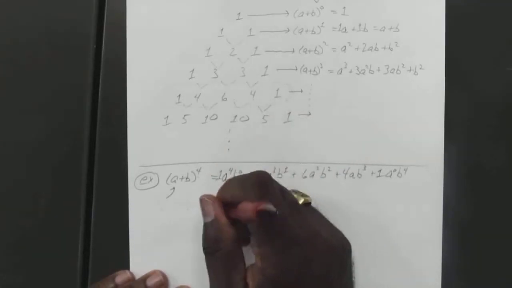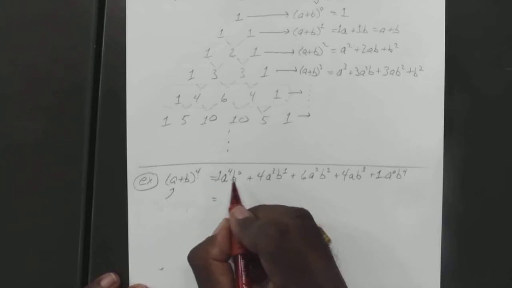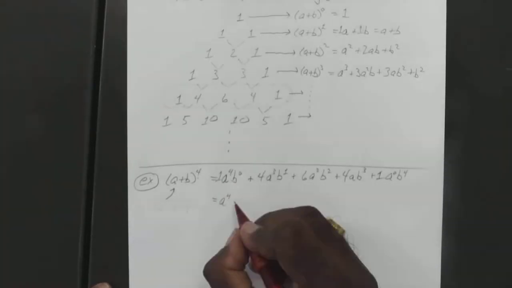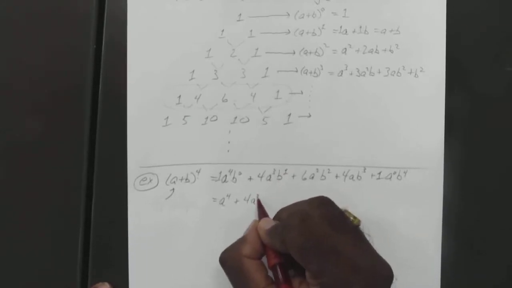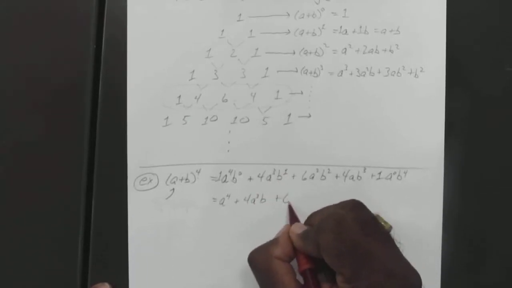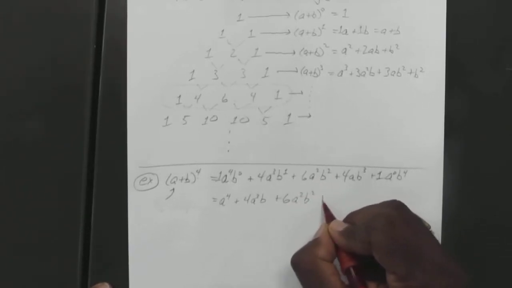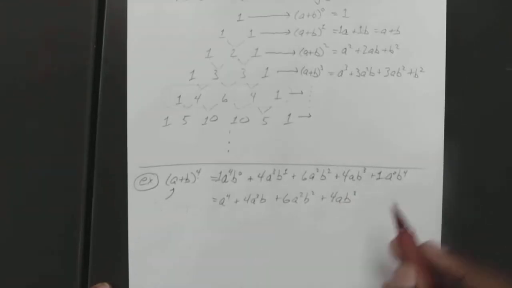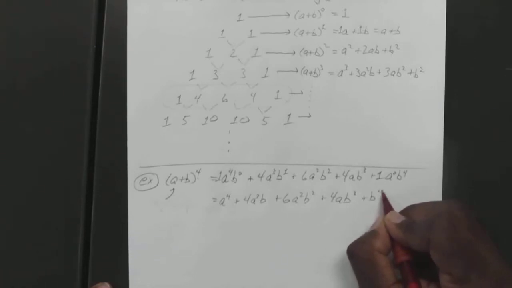So this ends up equaling a to the 4th times 1 is just a to the 4th, plus 4 a to the 3rd b, plus 6 a squared b squared, plus 4 ab to the 3rd. 1 times b to the 4th is just b to the 4th.